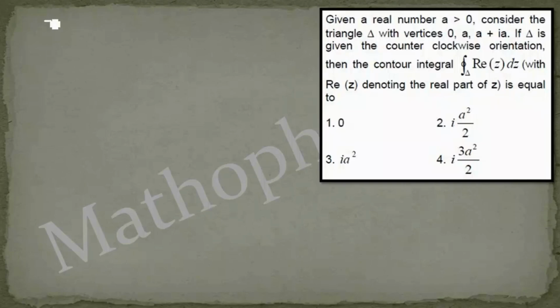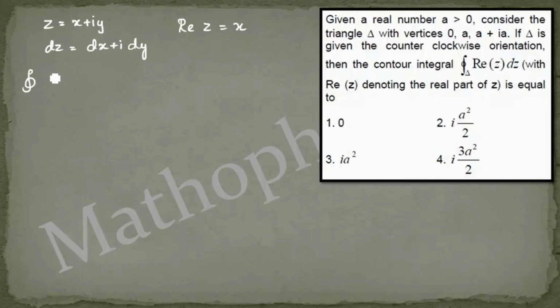So first, let's consider z equal to x plus iy. So dz will be equal to dx plus i dy, and real part of z will be equal to x.